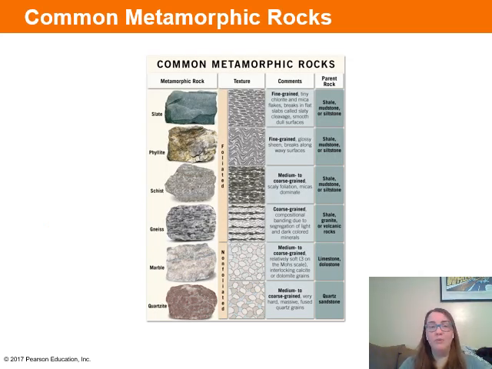So with our metamorphic rocks, we're going to break it down into two different textures, our foliated and our non-foliated textures. So with these, we're going to start off with our non-foliated. Again, these are low-grade metamorphism. So it's just a little bit of heat and pressure. And the most significant change is that we're just going to compact it into a smaller, denser rock.